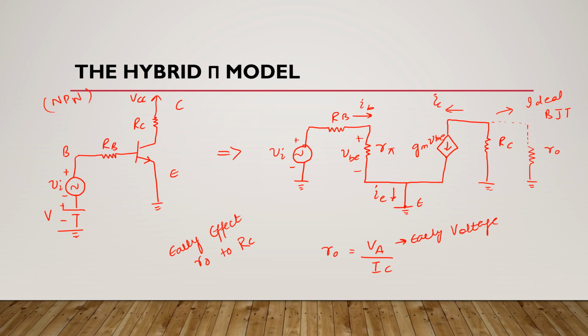So this is how you will start your analysis. First you will draw your equivalent hybrid pi model, and then you begin your analysis. Now look at this example. If you have a transistor configuration like this, it means there are both AC and DC sources in this circuit, and the arrow here means it is an NPN transistor configuration.